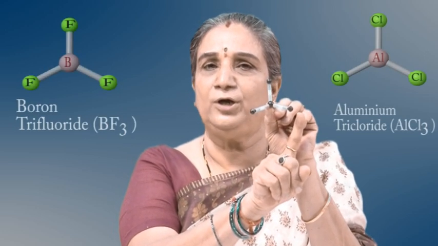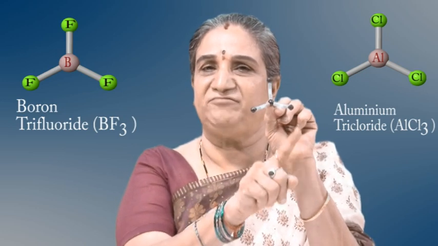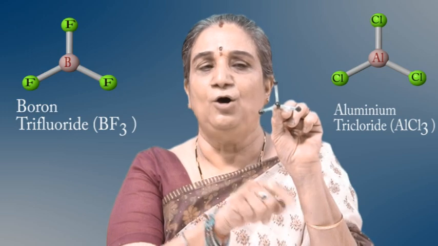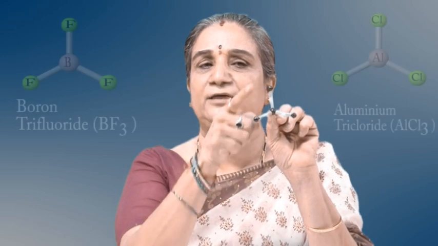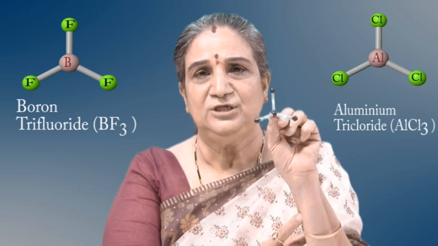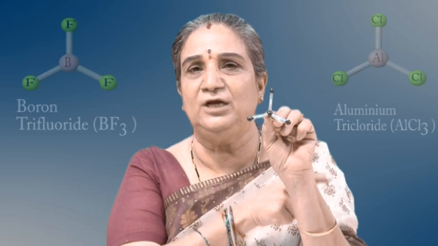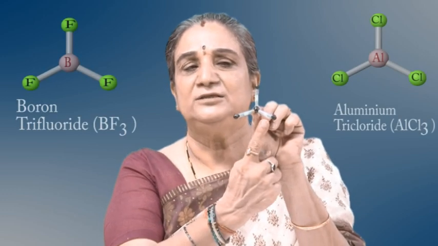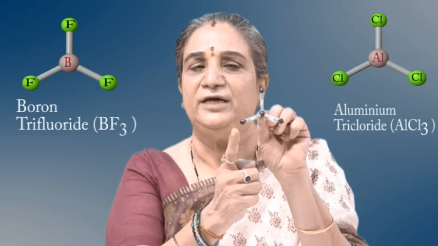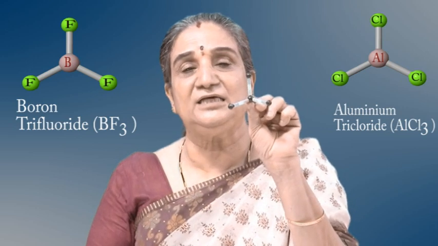So, boron trichloride, boron trifluoride if the atoms are fluorine atoms, or aluminium trichloride if the central atom is aluminium. So we have a molecule of trigonal planar shape, where the central boron atom is bonded to 3 fluorine atoms by sharing a single pair of electrons.